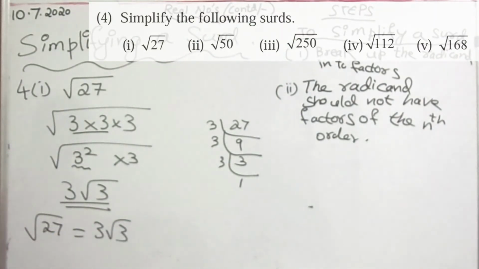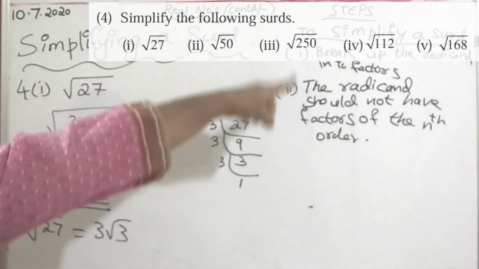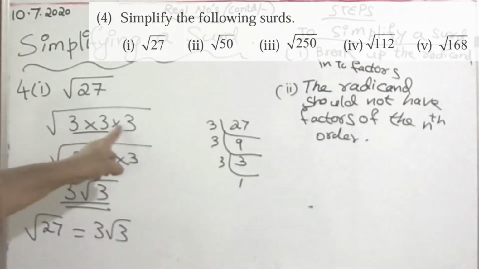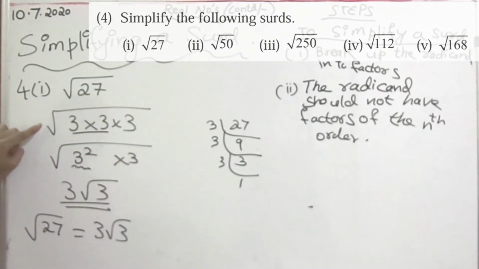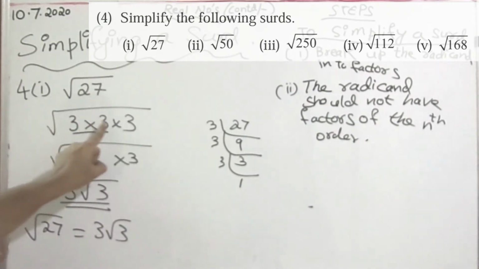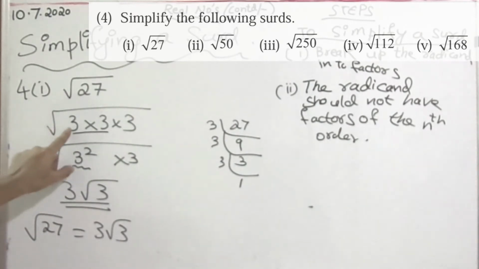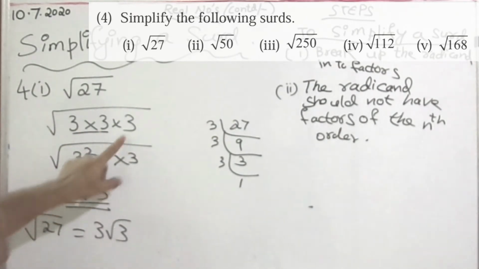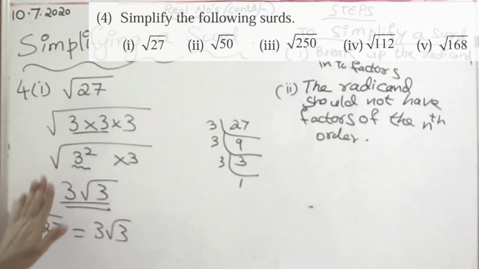Have you understood how to simplify a surd? Break up the radicand into factors. Follow the rules. Then observe the order. What is the order? 2. So a power of 2 should not be inside. Here 3 into 3 is 3 square and one more 3 is there. So you can remove this 3 square.